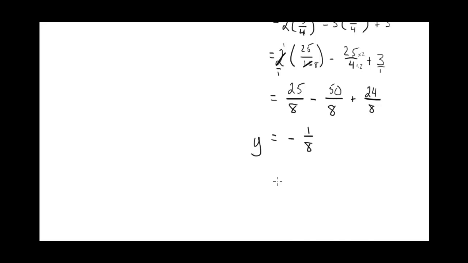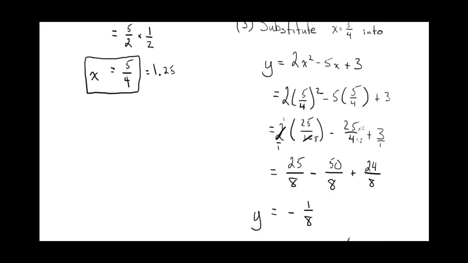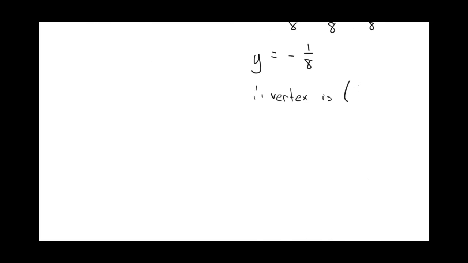So that's y. So therefore, vertex is, my x value was 5 over 4, and my y value is negative 1/8. If you want, because you're plotting this on a graph, some people prefer the decimal.